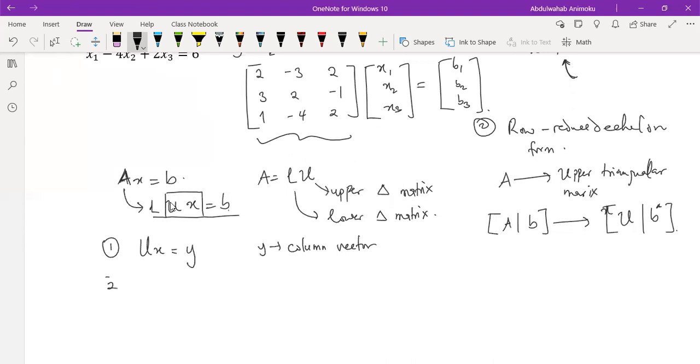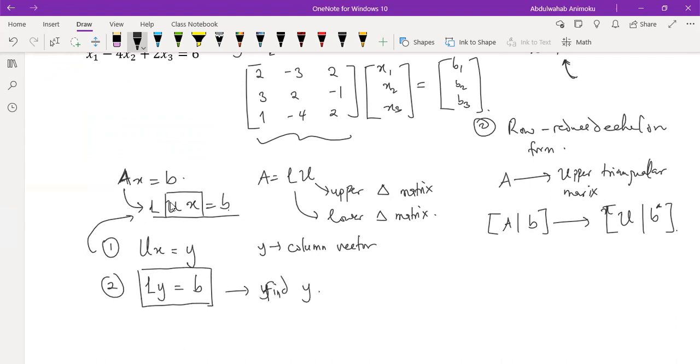Once you substitute this into what we have here, it becomes LY equal to B. So instead of solving this at once, we solve it in two steps. The first one, of course, we'll have to solve first. Once we solve this for Y, we find Y.